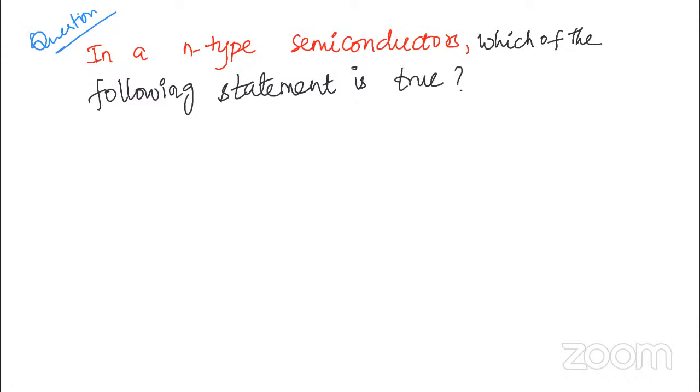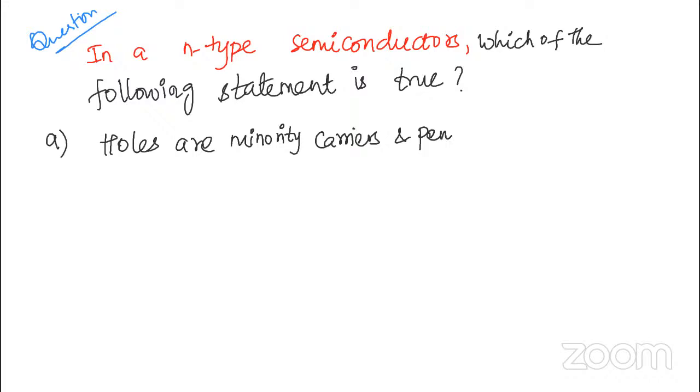Option A: holes or minority carriers and pentavalent atoms or dopant. This is the first option. And for B, holes or majority carriers and trivalent atoms or dopants.